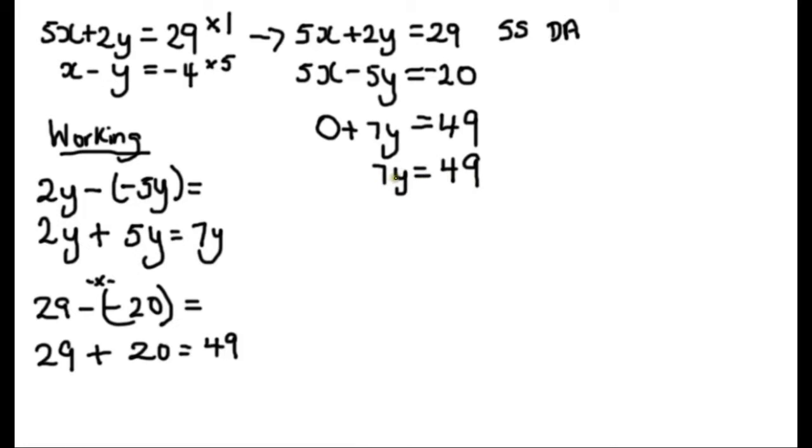Since 7 was multiplied by y on the left-hand side of the equal sign, when it is over on the right-hand side, it's going to be divided by, which is the opposite. So it would be y equals 49 divided by 7. y equals 7. Okay, so right now we have solved that y equals 7.